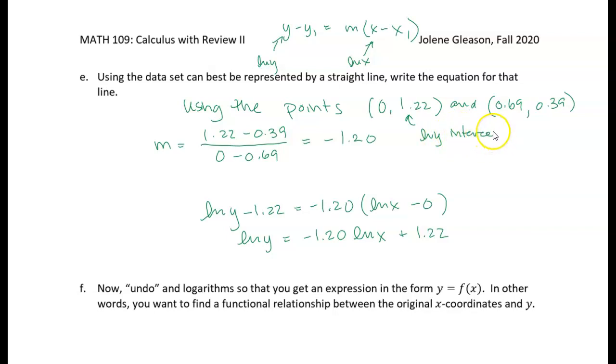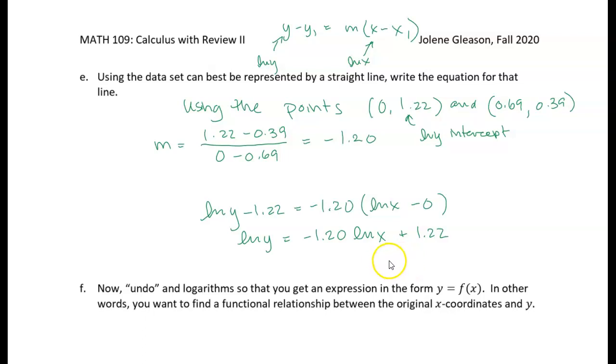So we've got it in y equals mx plus b form, except it's natural log of y equals m natural log of x plus b. Now we have an equation for the line where both x and y are transformed logarithmically.